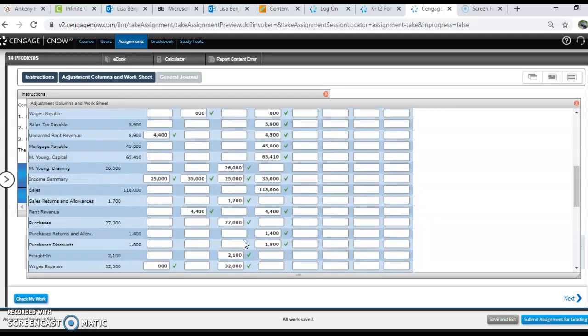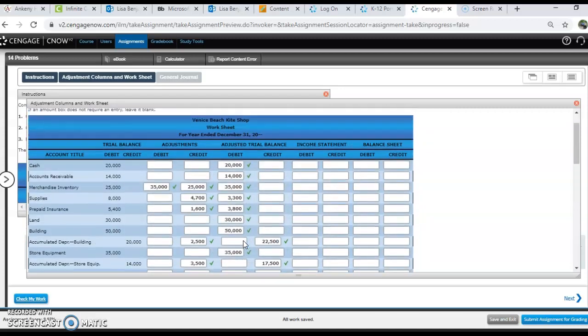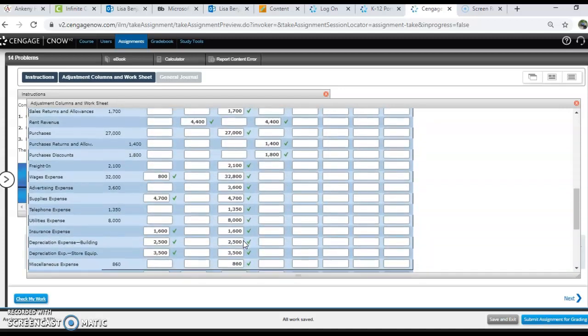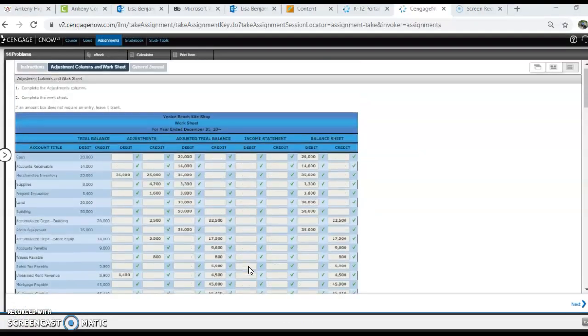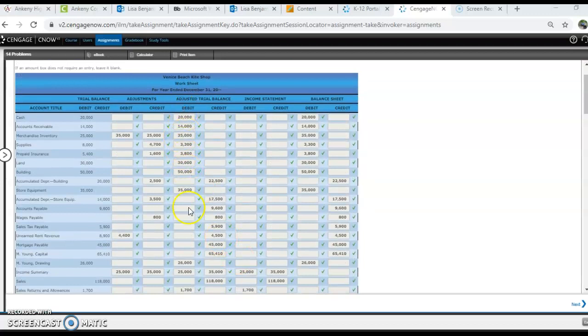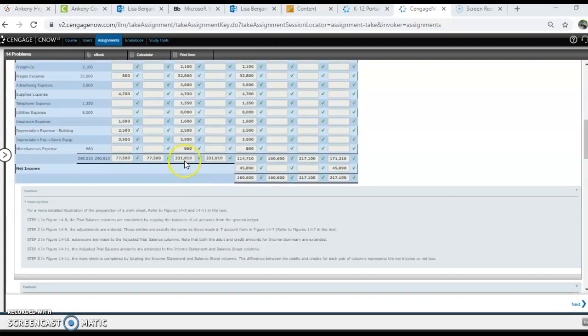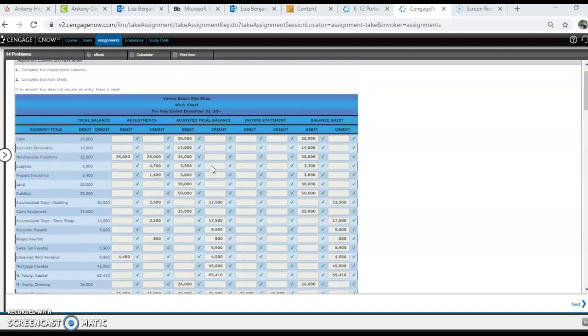All right, so I need to add up all my debits and all my credits. This is going to take a little bit, so I'm going to pause this for just a second. Okay, so now I have added up all my debits and all my credits, and I get 331,810, and those two equal each other. All right, the hard part's done. Next, I have to take my adjusted trial balance and determine, does that amount go to the income statement or does it go to the balance sheet?